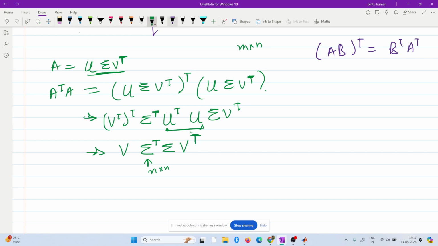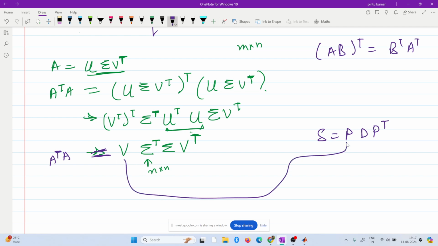Now compare it to the eigen decomposition of a symmetric matrix, P D P transpose. A transpose A is a symmetric matrix, and you have obtained this to be equal to this, so that means your V and P are equal, and the diagonal matrix D is equivalent to sigma transpose sigma.